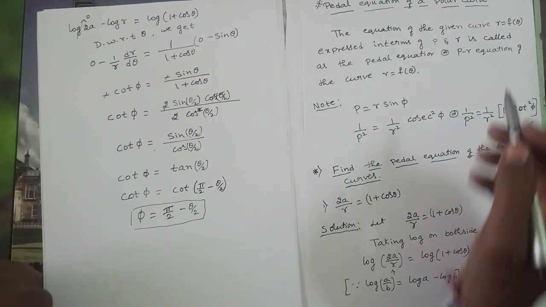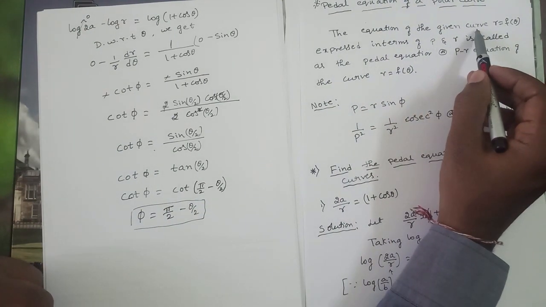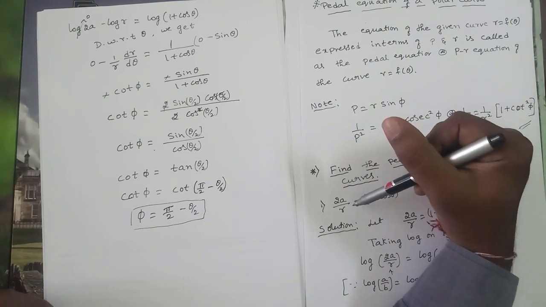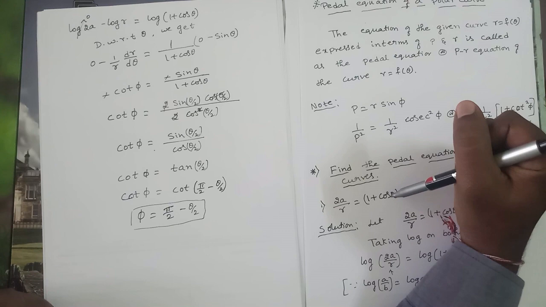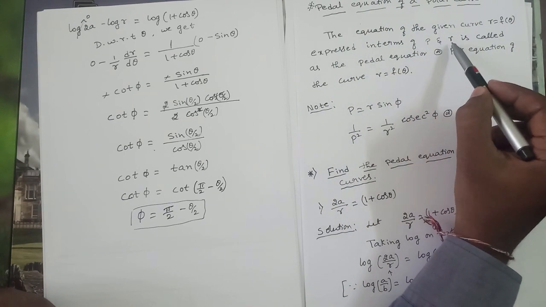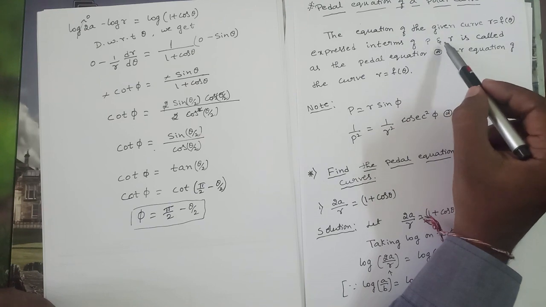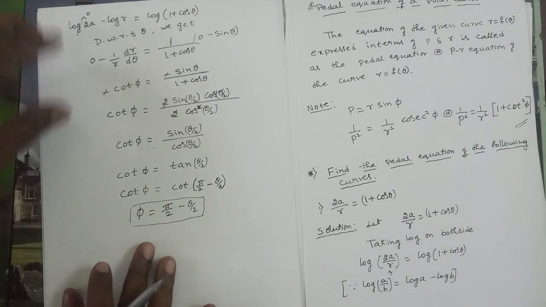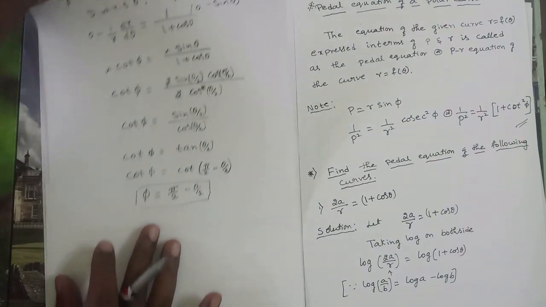Here, what is the definition? The given curve is r equals f of theta, in the form of theta. So it must be expressed in terms of p and r. So the answer should be in p and r only, not in theta. Now we have to use the formulae.